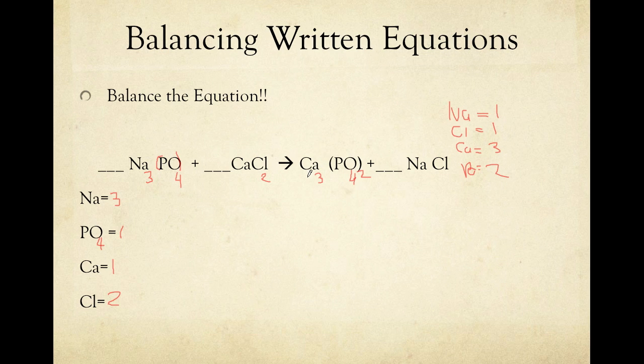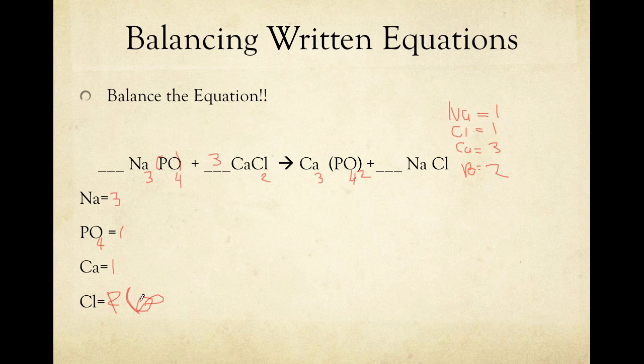So let's look at the calcium. We have 3 on this side, but only 1 here. So what we could do first is put a 3 here for the calcium. When we distribute this in front, we get our 3 calcium, the calcium is balanced, but this time our chloride is going to become, instead of a 2, a 6.